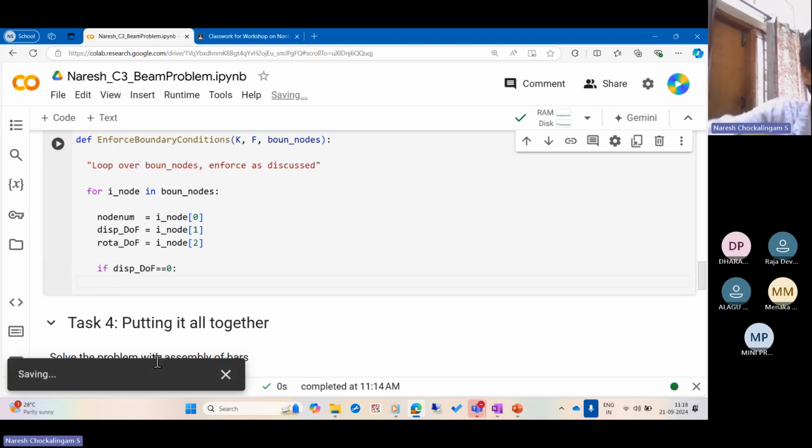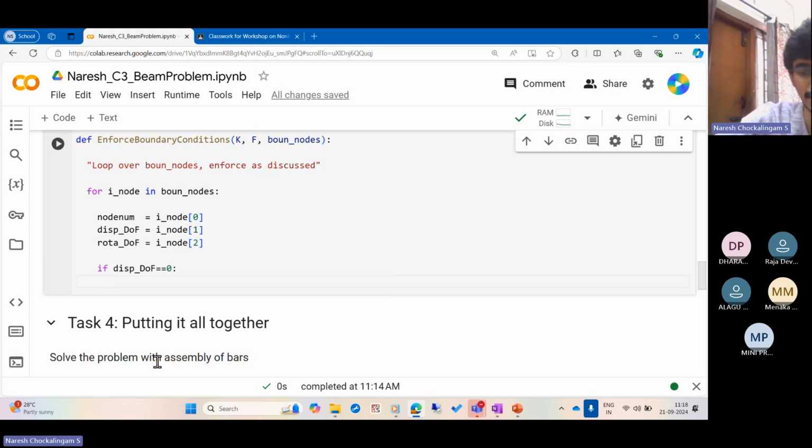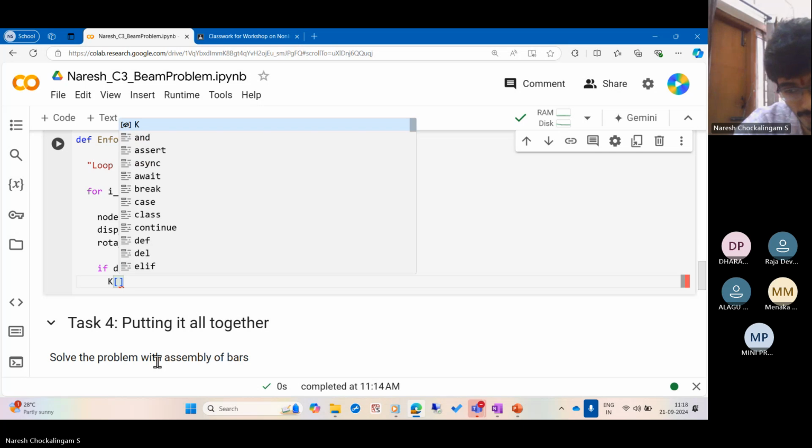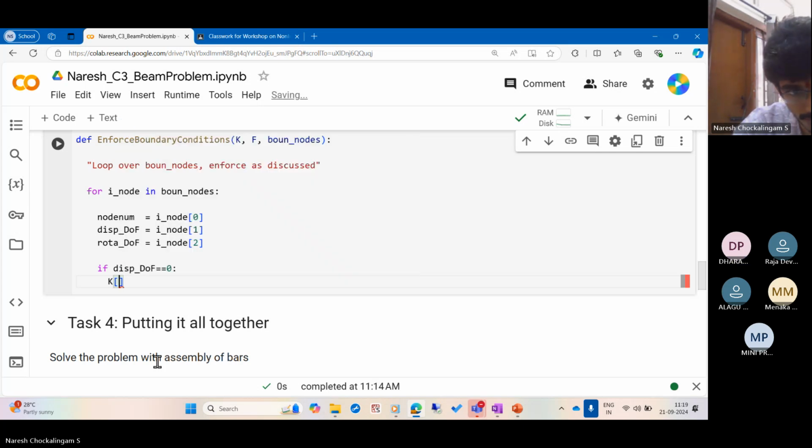I should make the corresponding row in the global stiffness matrix 0, right? What is the corresponding row in the global stiffness matrix? K of something comma colon, which is all columns in a certain row.